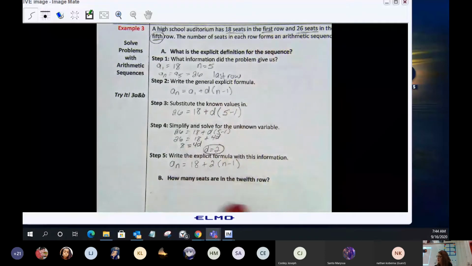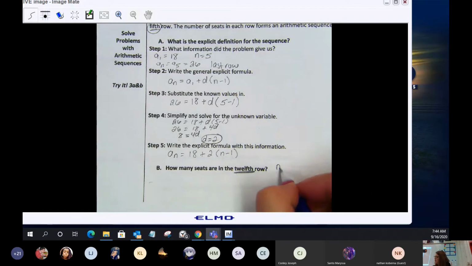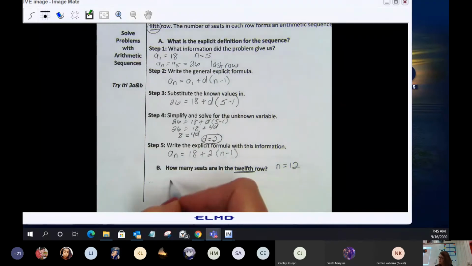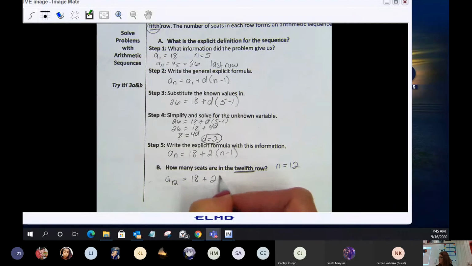Now that we have that, we can answer part B. How many seats are in the 12th row? Well, the 12th row is going to be n equals 12. We're going to consider that my final row. So that would mean a sub 12 equals 18 plus my d, which is 2, times my n, which is 12, minus 1.